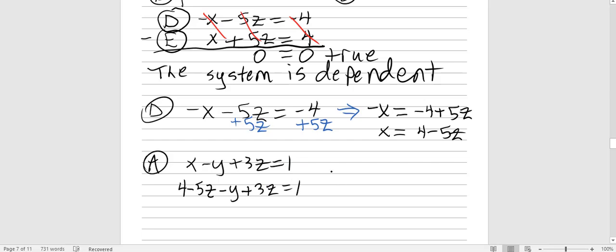And I'm going to solve this for y. So I'm going to add a y to both sides. And when I do that, I get, and I'm going to also combine the like terms.